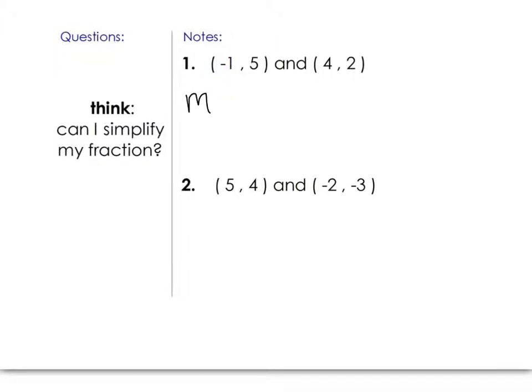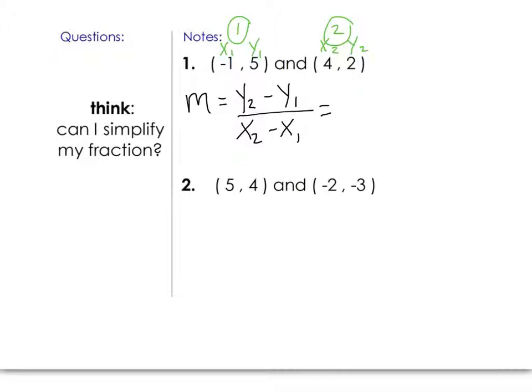So m equals y2 minus y1 over x2 minus x1. Well, if this is point 1 and this is point 2, negative 1 is x1, 5 is y1, 4 is x2, 2 is y2. So when I plug those pieces into my puzzle, I get 2 minus 5 over 4 minus negative 1.